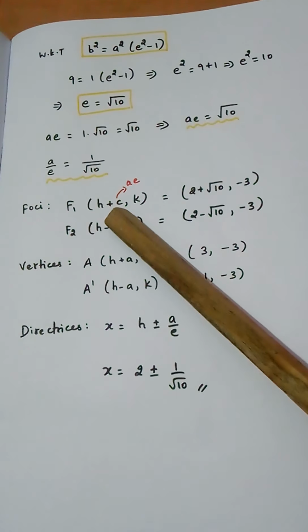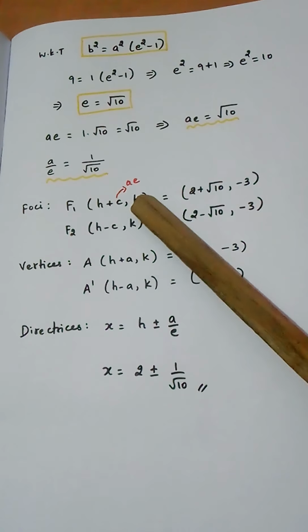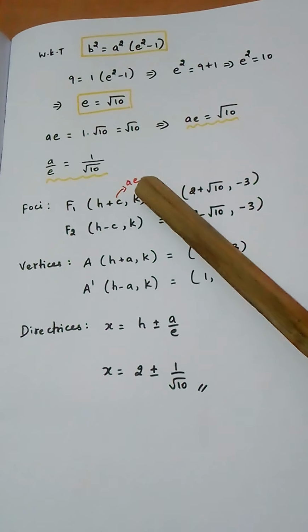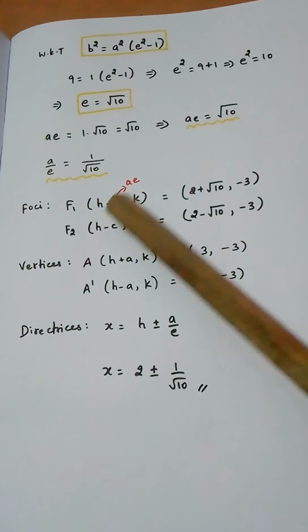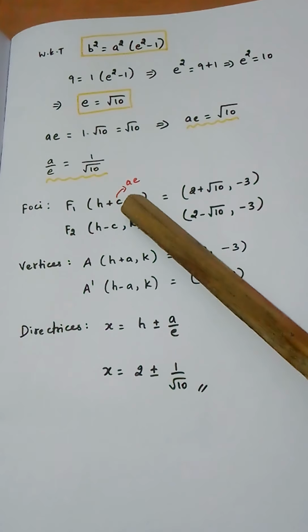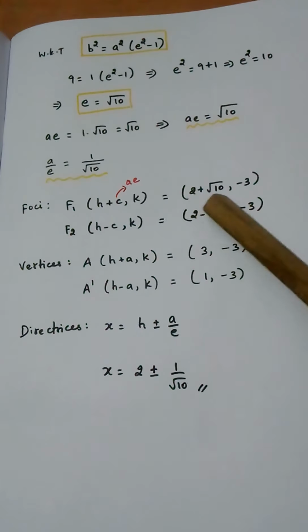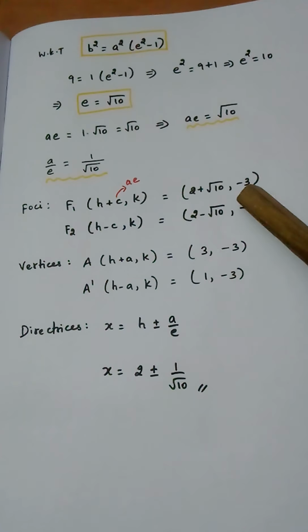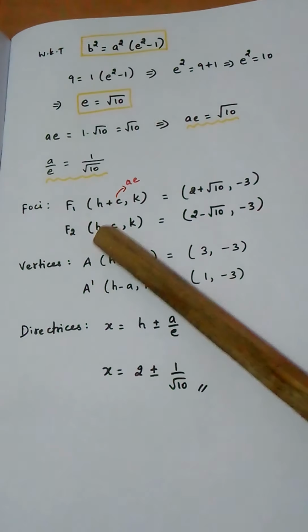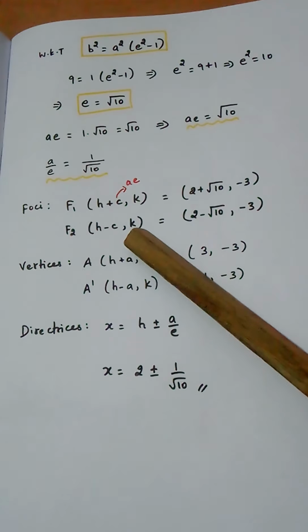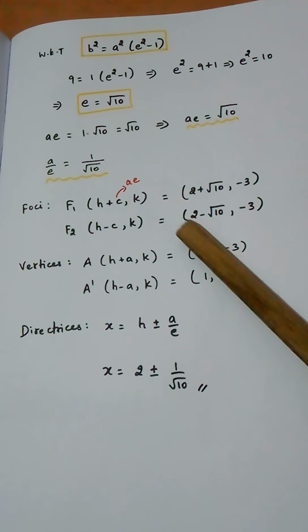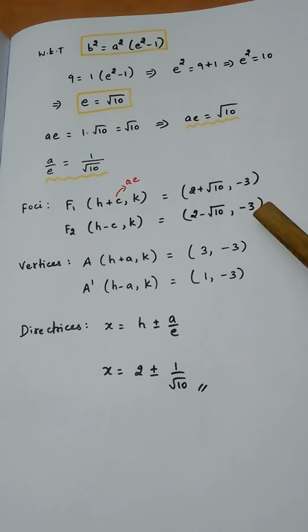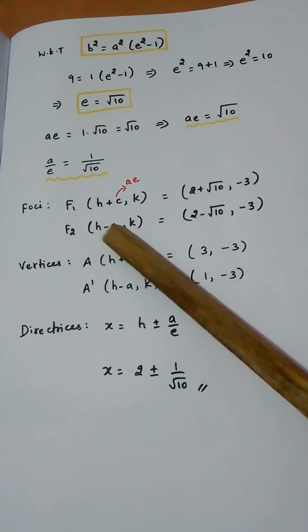So standard type means h plus c comma k is the formula, where c is nothing but AE. H value is 2, c value is root 10. So 2 plus root 10 comma k value is minus 3. Focus 2, h minus c comma k. That is 2 minus root 10 comma minus 3, because h is 2, c is root 10.